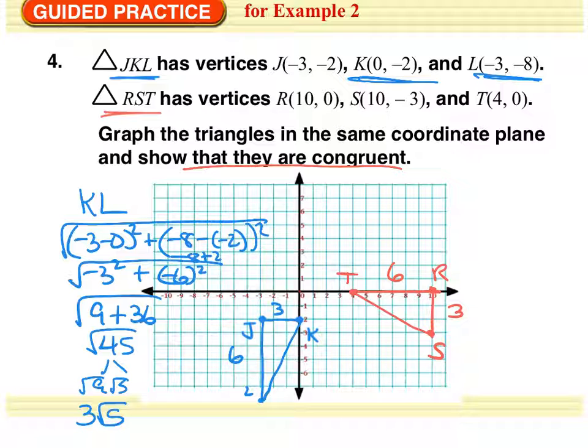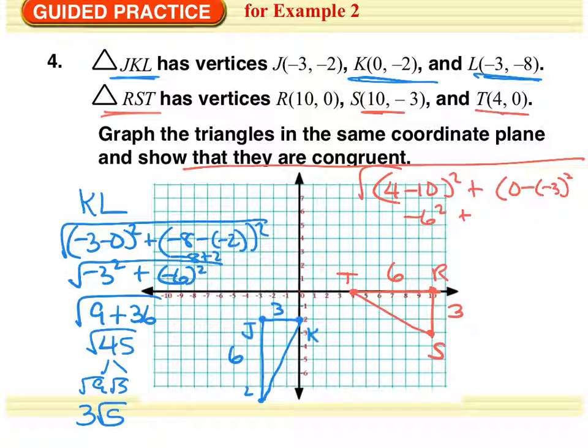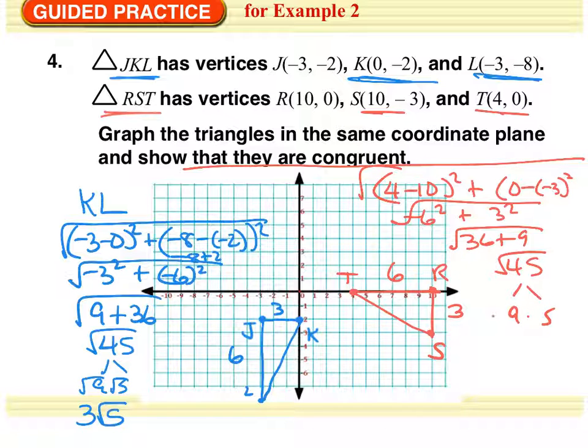If I do the same thing for ST, the ordered pairs I'm using are these. So if I do 4 minus 10 squared plus 0 minus -3 squared, I get -6 squared plus 3 squared, 36 plus 9, 45, 9 times 5, 3 square root 5.